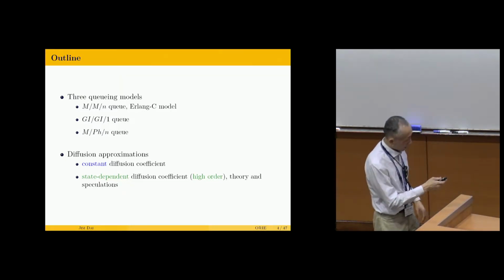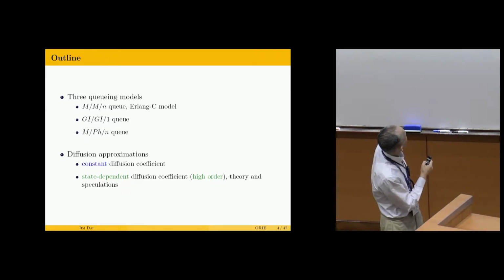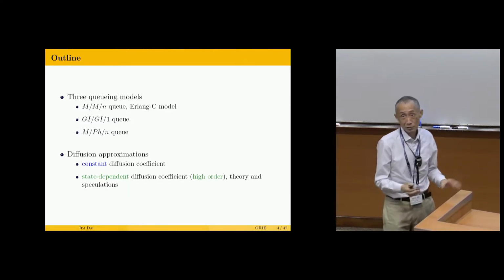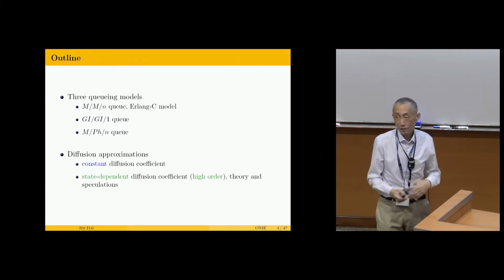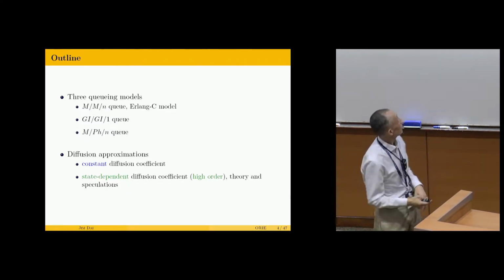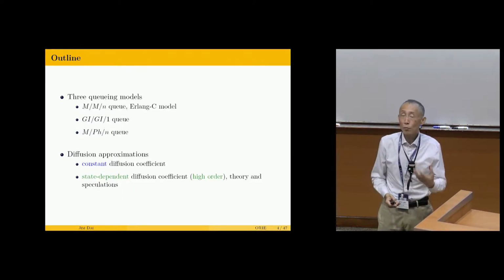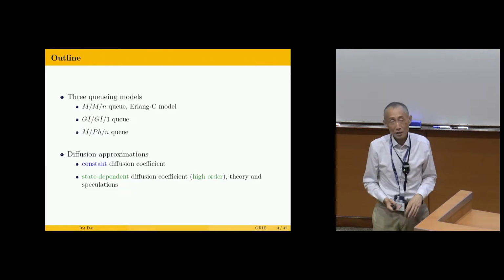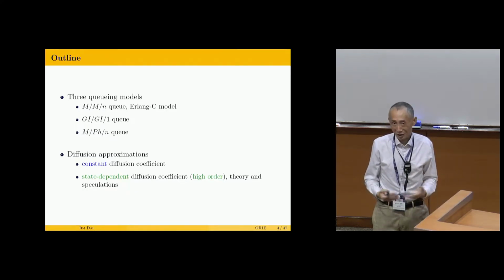Today I'm going to focus on three queuing models. For the first model, the so-called LNC model, we have more complete results, which give you an illustration of what might be possible.